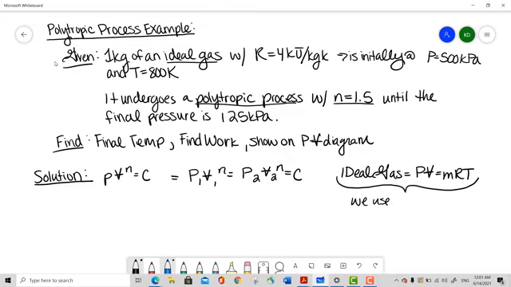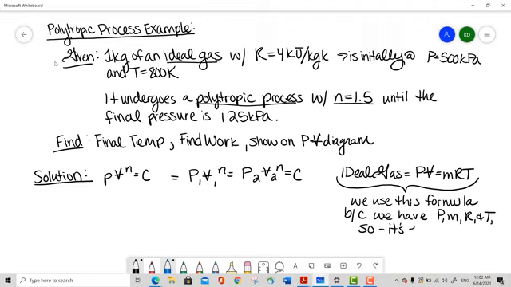We use this formula just to show you the rationale, because we have P, m, R, and T. So it's easy to find V. Okay, so we have these formulas, but we want to use this one because this is going to get us there the quickest.